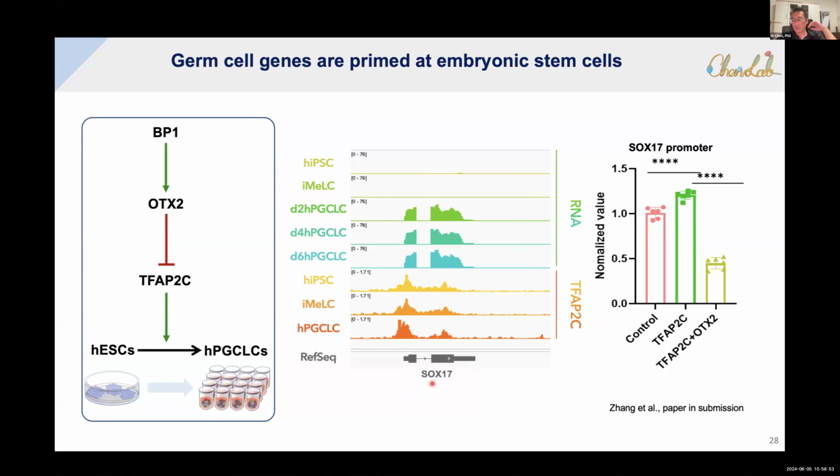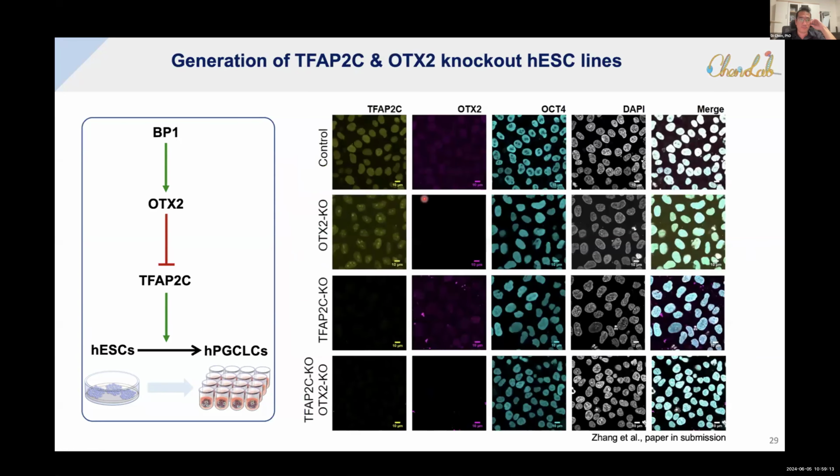So we cloned the promoter of SOX17 into the luciferase reporter, and we found that overexpression of TFAP2C indeed promotes expression of this SOX17 promoter. However, when we co-express the OTS2, it suppresses this activation. And also, in order to prove the genetic relationship between OTS2 and TFAP2C, we performed double mutant experiments.